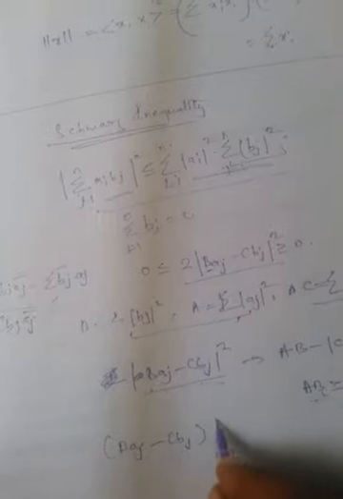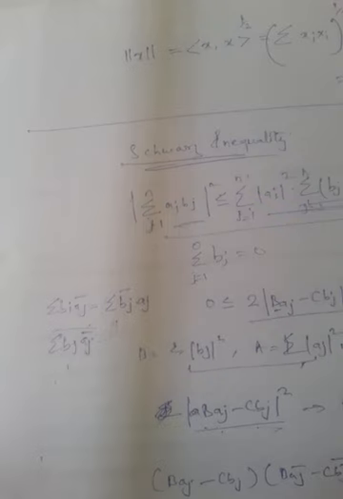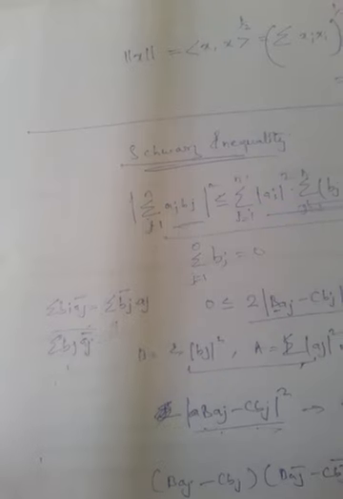Here I have given the relation with bar signatures. All right, so now this aj, bj, and this cj belong to complex numbers, hence we are using conjugate bars, and this is pretty much simple.